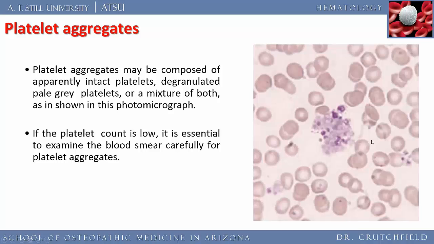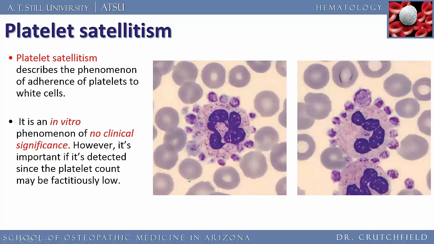So even though this aggregate is made up of 50 platelets, the truth is the computer will only count this as one platelet. So a normal platelet here, normal platelet here, normal one right there, bunches of them here, and you'll get a spuriously low platelet count.